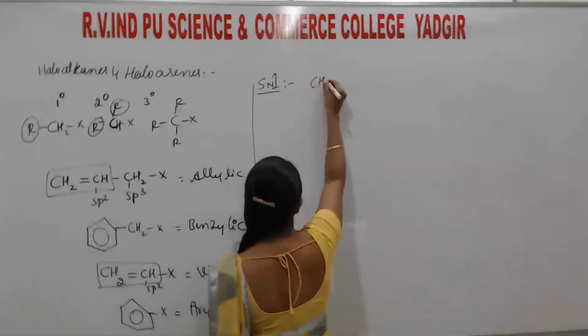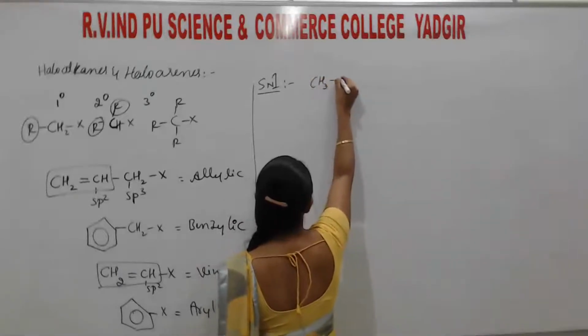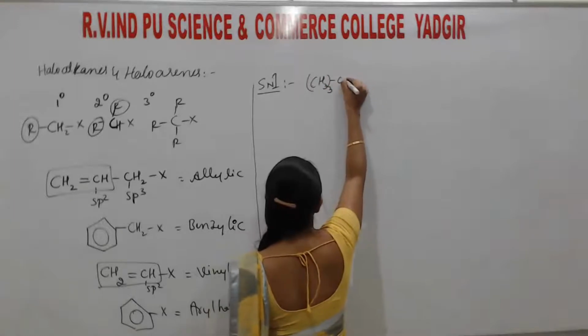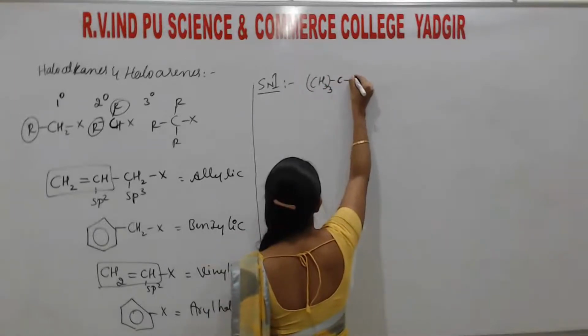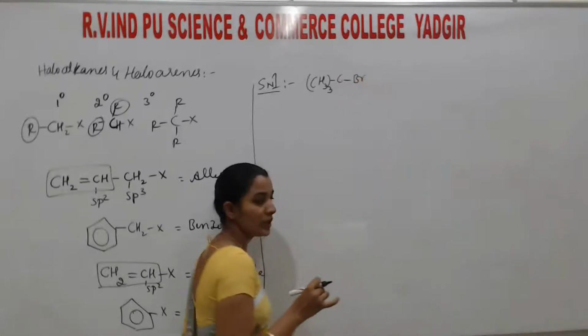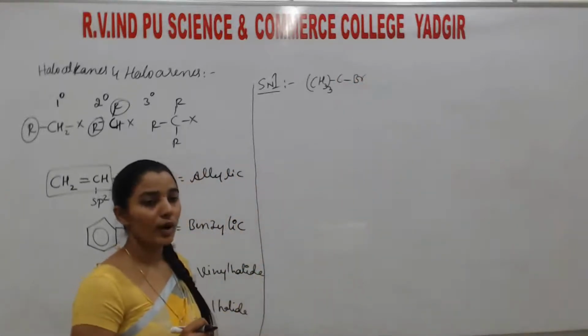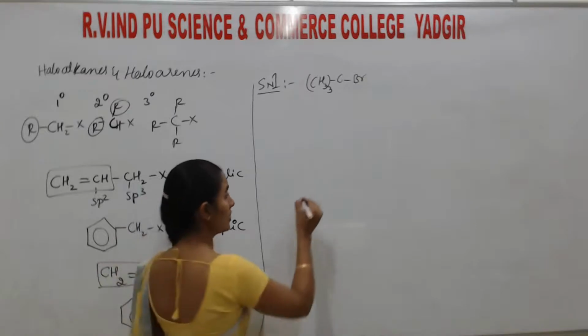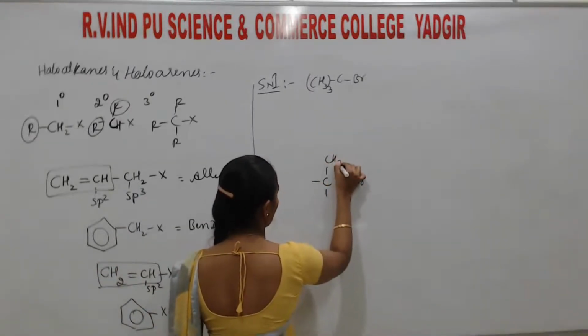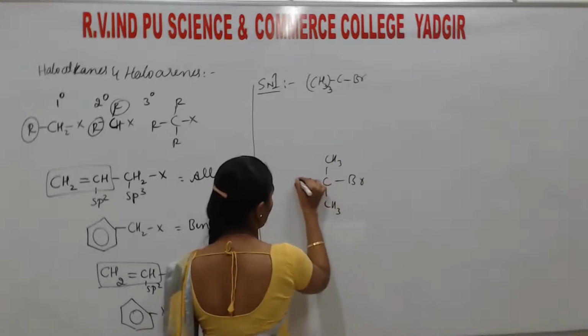Listen here. (CH3)3C-Br, tertiary butyl bromide. The structure is like this: CH3, CH3.